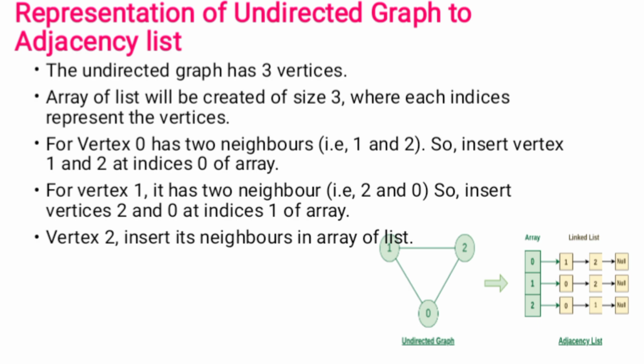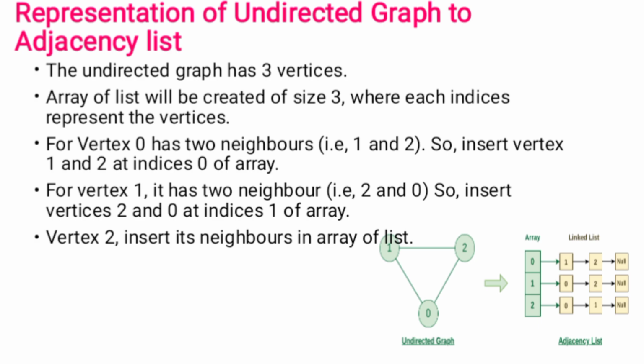Representation of undirected graph to adjacency list. The figure undirected graph has 3 vertices, so an array of list will be created of size 3 where each indices represent the vertices. Now vertex 0 has 2 neighbors, that is 1 and 2.